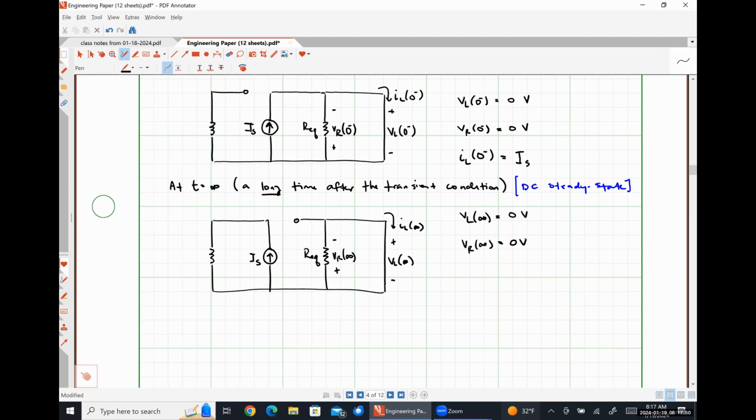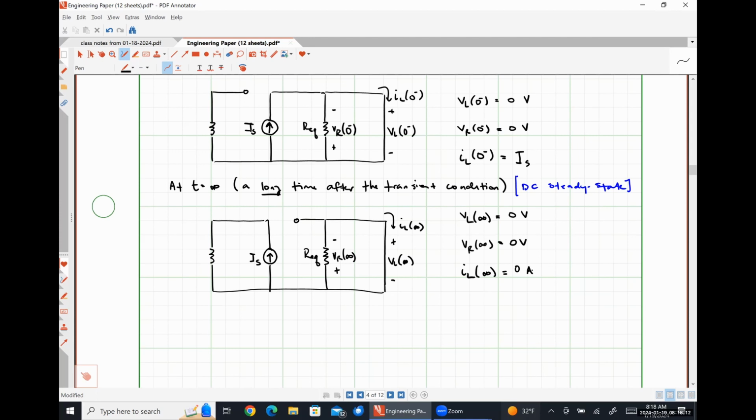So if the inductor voltage is 0, the resistor voltage has to be 0. What's my inductor current going to be? 0, because it's not connected to anything capable of giving it any current, right?